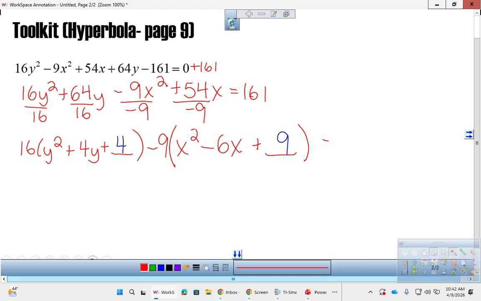All right, now on this side, I've got a 161. I'm also going to have a 16 times 4 and a negative 9 times 9. Because remember, it's not just 4, it's 16 times 4. And it's not just 9, it's negative 9 times 9.